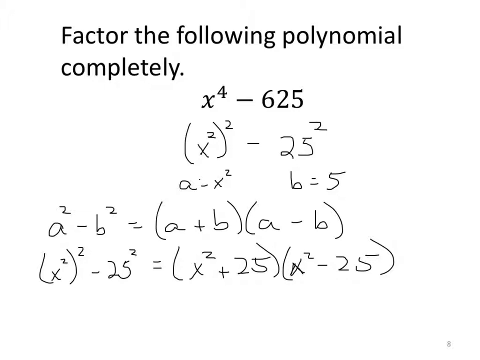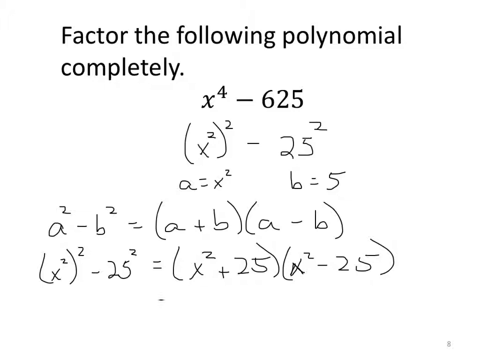And if I look at my x squared plus 25 term, I see I have a sum of squares, and you can't factor that any further. That's prime. But here I have a difference of squares, so I can factor this. This is x squared minus 5 squared.